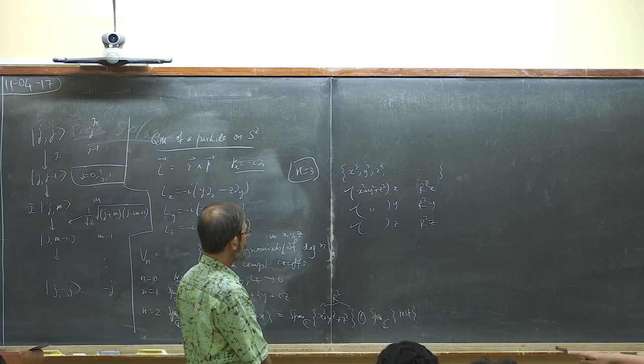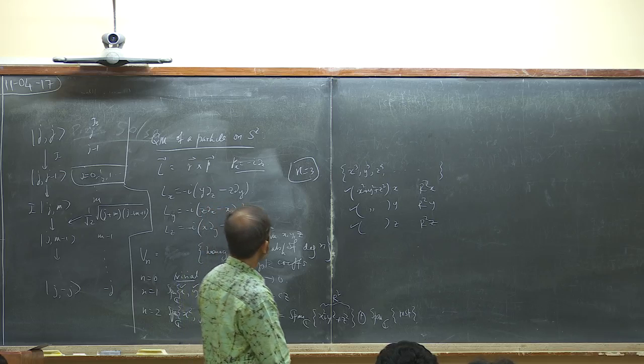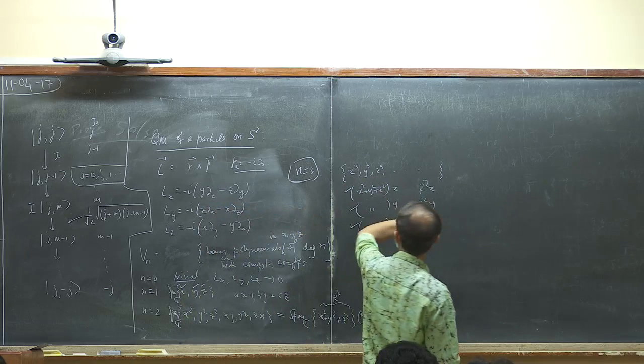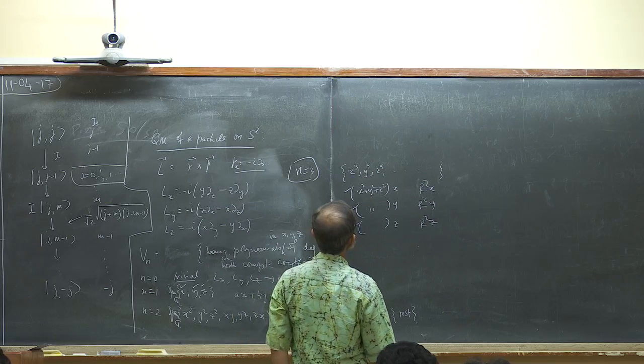But we should have 7, because n equals 0 gave us a one-dimensional representation and n equals 1 gave us three. So what is the counting here? 3 into 3 into 3, that's 9.